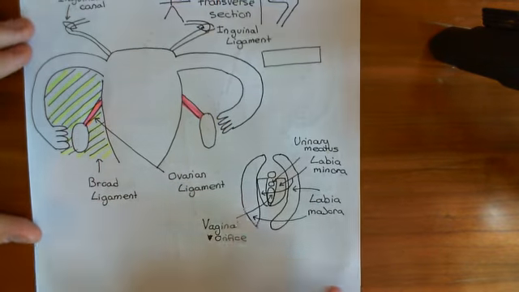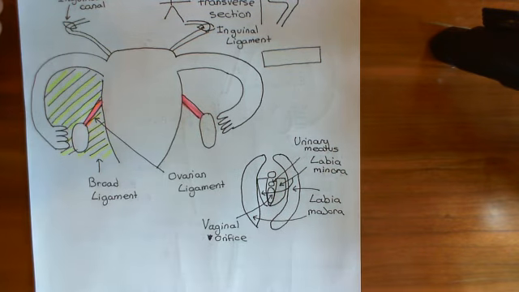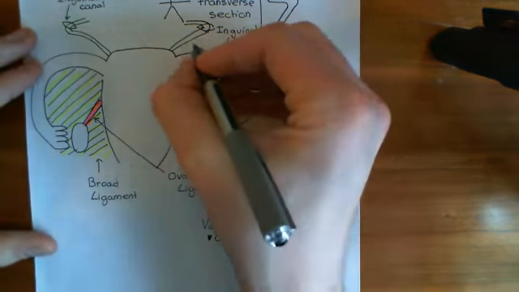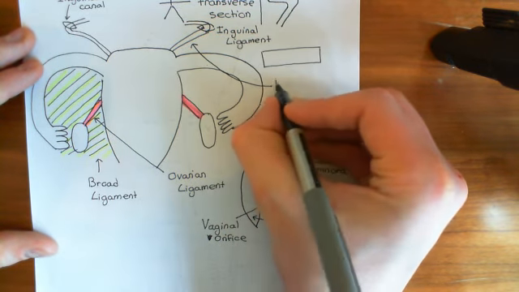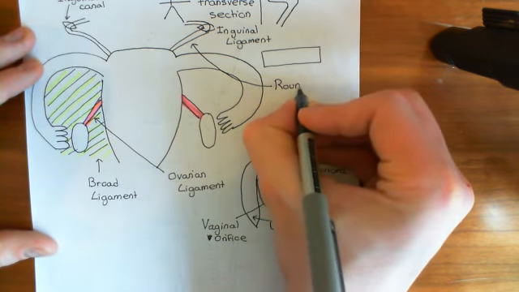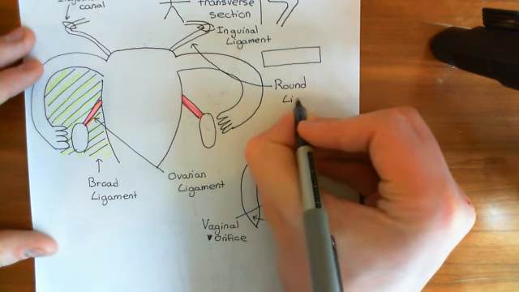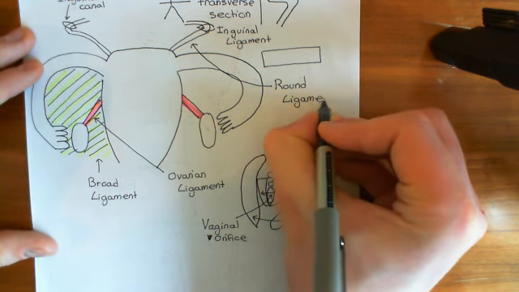So you can get endometriosis occurring within these ligaments, and obviously there should not be endometrial tissue within those ligaments. So I'll just label these now as the round ligaments. So that's the second most common place for endometriosis to occur, in the uterine ligaments.